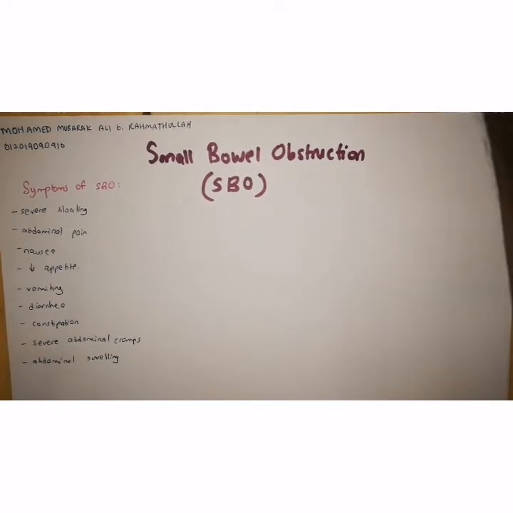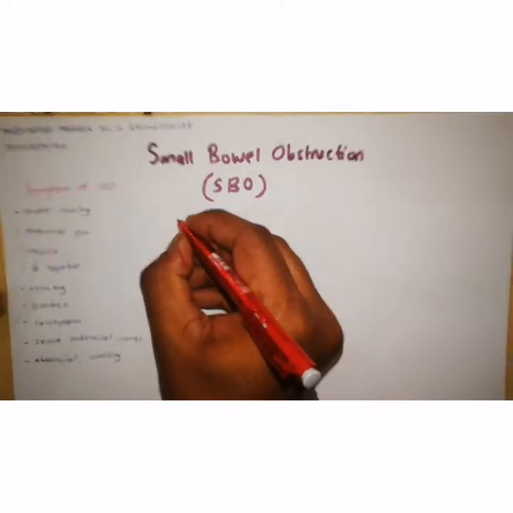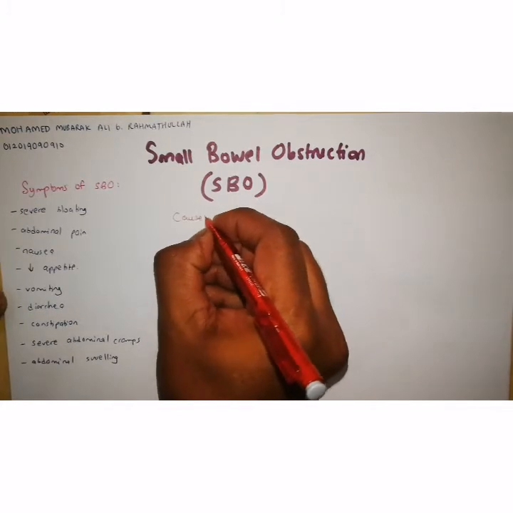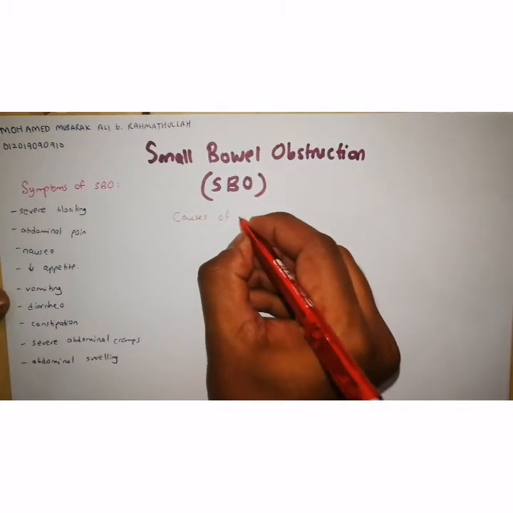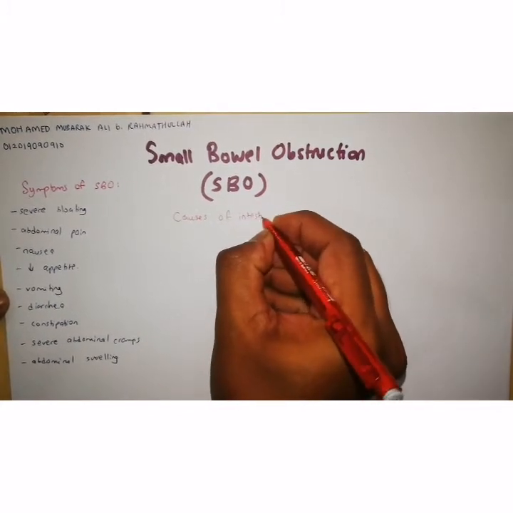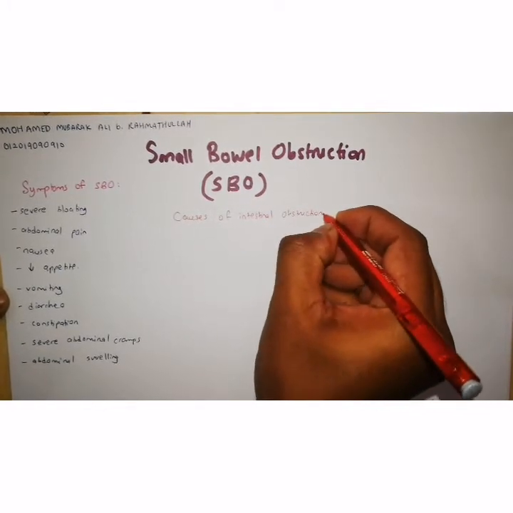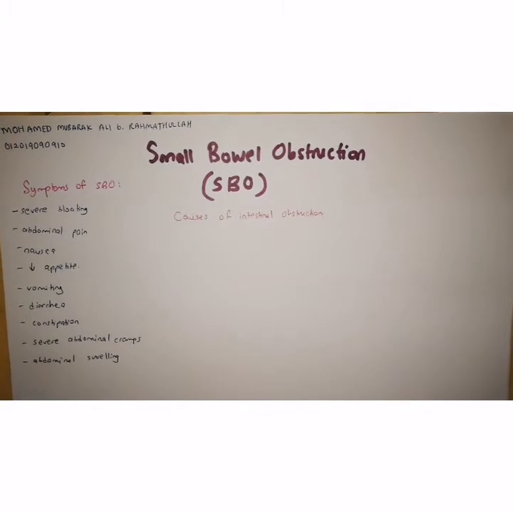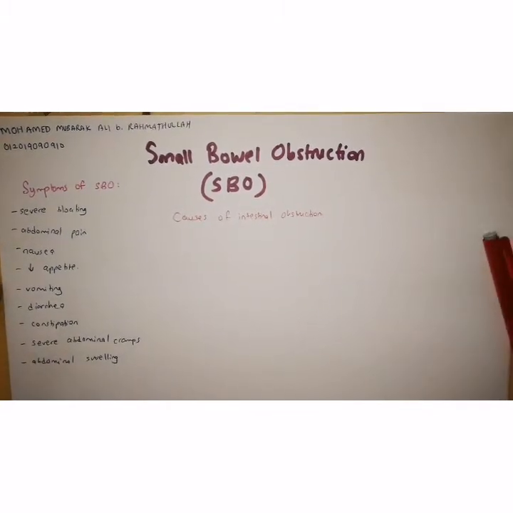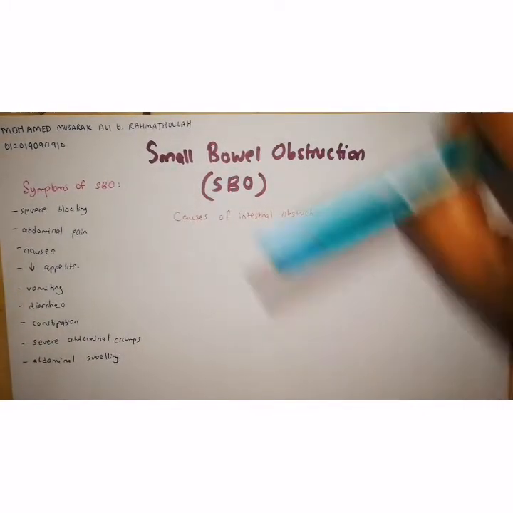So next, let's take a look at the causes of intestinal obstruction. The first type we have is mechanical obstruction.